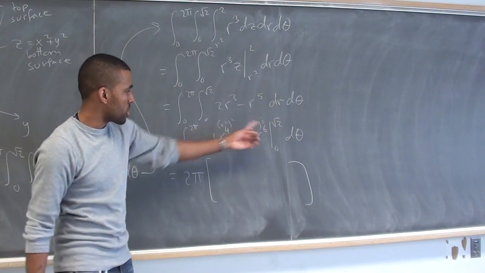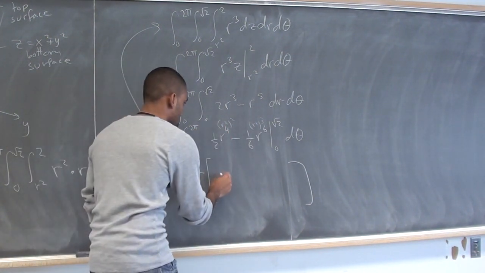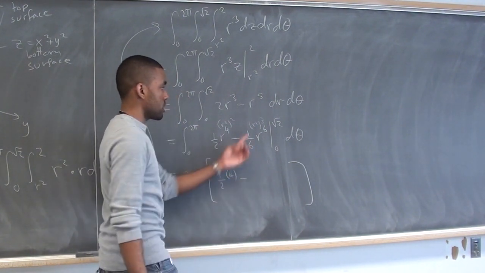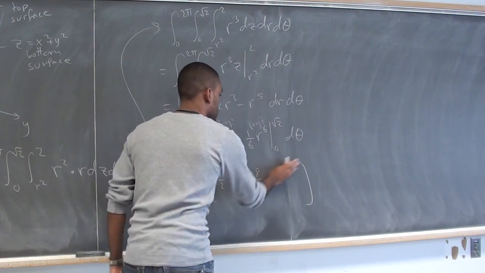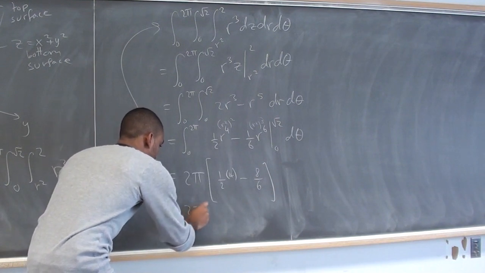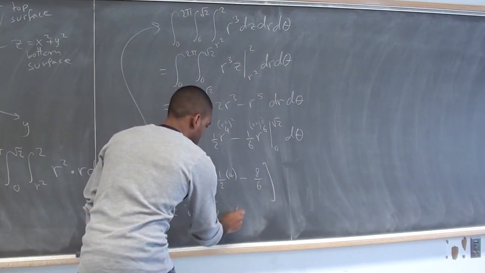If you square radical 2, you just get 2. So this is 2 squared, and that would just be 4, minus 2 cubed, which is 8. So it's 2 pi times 2 minus 4 over 3.